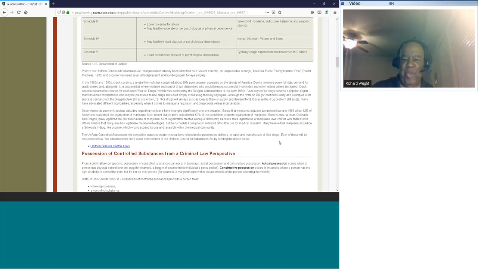Individuals have used it for vision problems such as glaucoma for years, and there continues to be research. And so it says many believe that marijuana should be a Schedule II drug, which would expand its use and research in the medical community. The fact of the matter is that it's probably going to come off all the schedules because of the legalization in many jurisdictions.